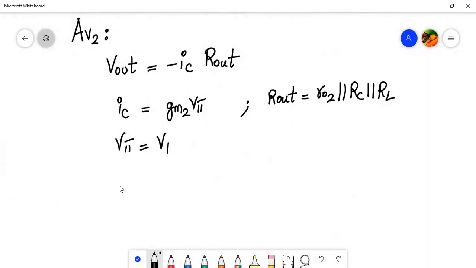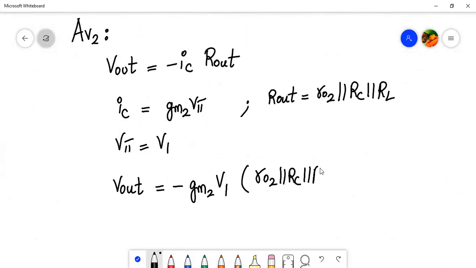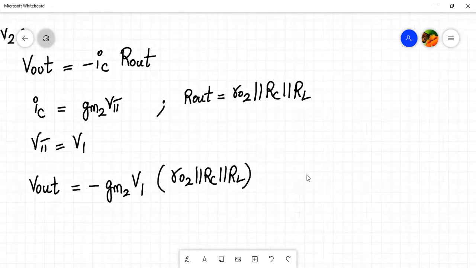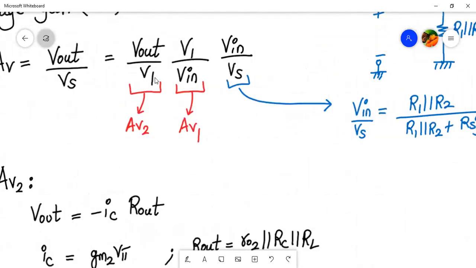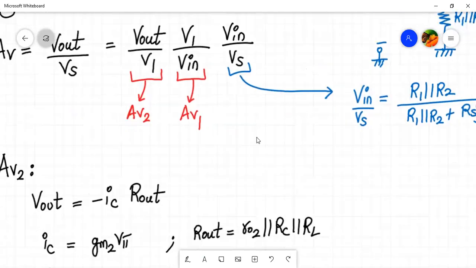So let me rewrite the value of Vout. So Vout is equal to minus gm2. Instead of V pi, we'll write V1 into Rout, which is ro2 parallel to RC parallel to RL. Now, actually, we want Vout upon V1 only, right? Because that is your AV2, Vout upon V1.